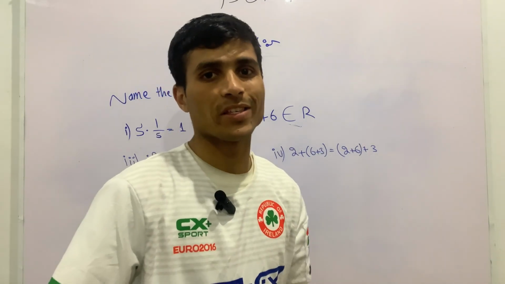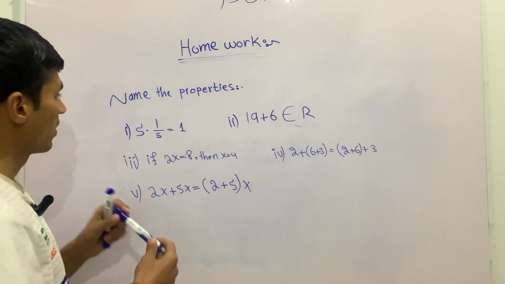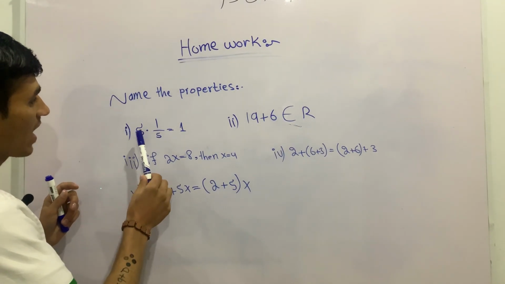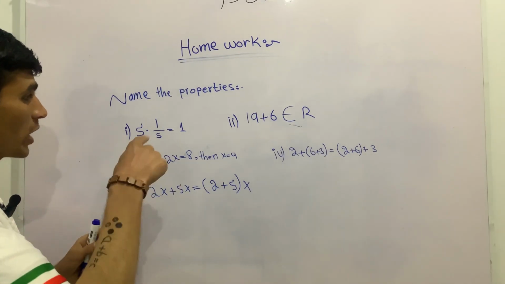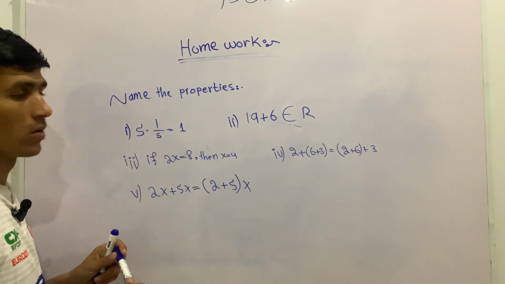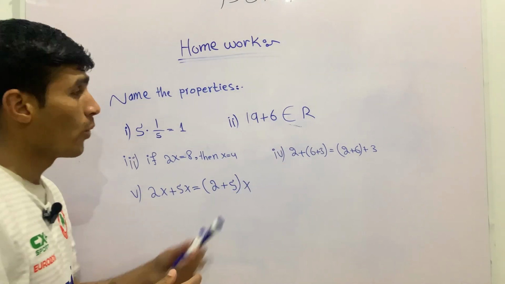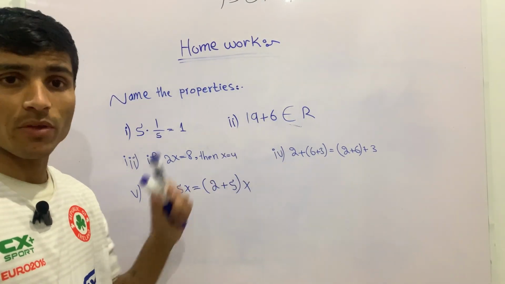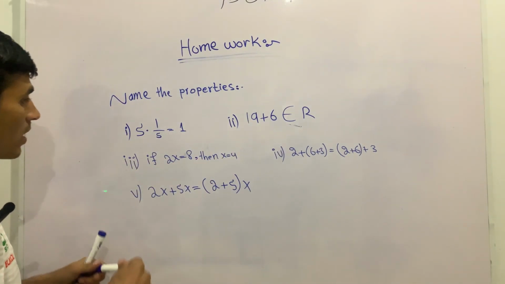So this is homework for you. Name the properties. The first example, 5 multiplied by 1 over 5 equals 1. Which property is this? Put it in the comment section below. Second example, 19 plus 6 belongs to R. Which property is this? Write down in the comment section below its name, okay?